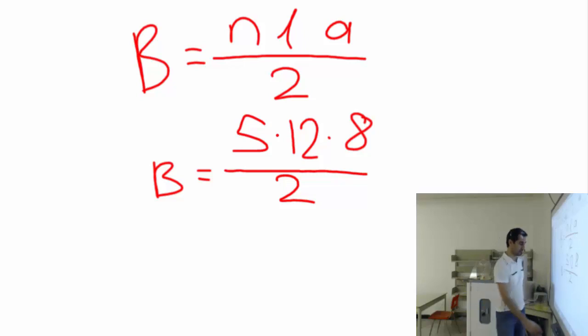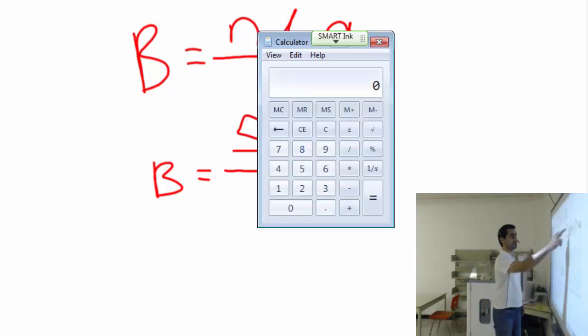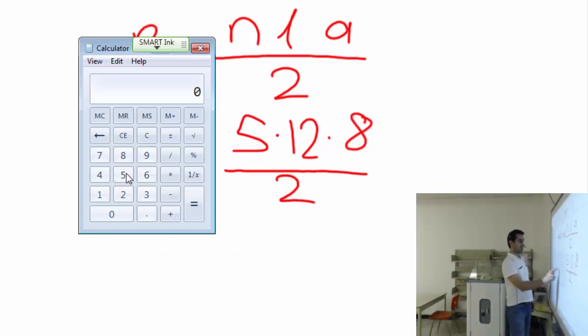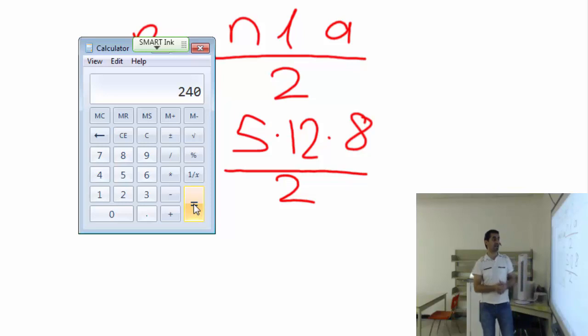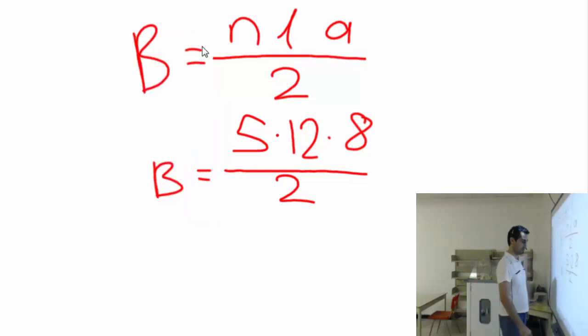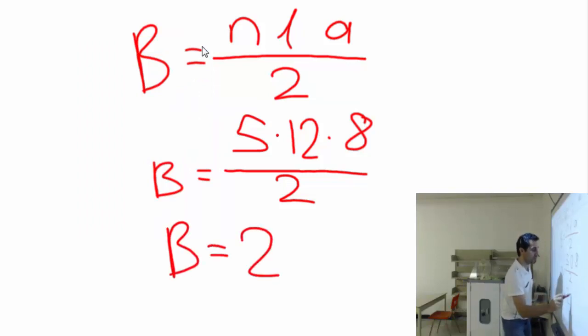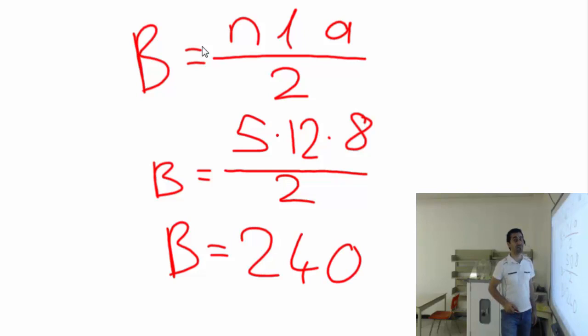So it's just calculation work, and I can use my Windows calculator for this. 5 times 12 times 8 divided by 2 will give me the area of the base, which is 240. So B is 240.